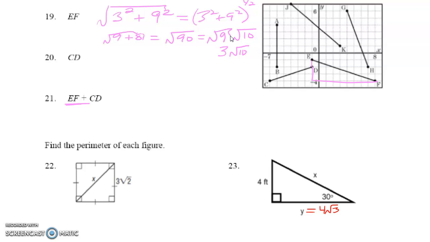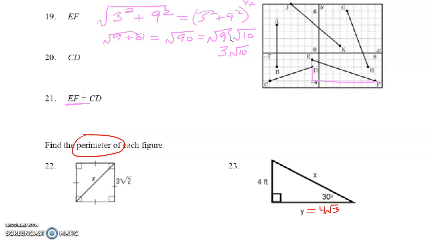And then hopefully you can find the hypotenuse of this. If this is 4 and this is 4 root 3, find the hypotenuse. And then ultimately you're not solving for x or y, you're finding the perimeter of each figure. That's what we want you to find.